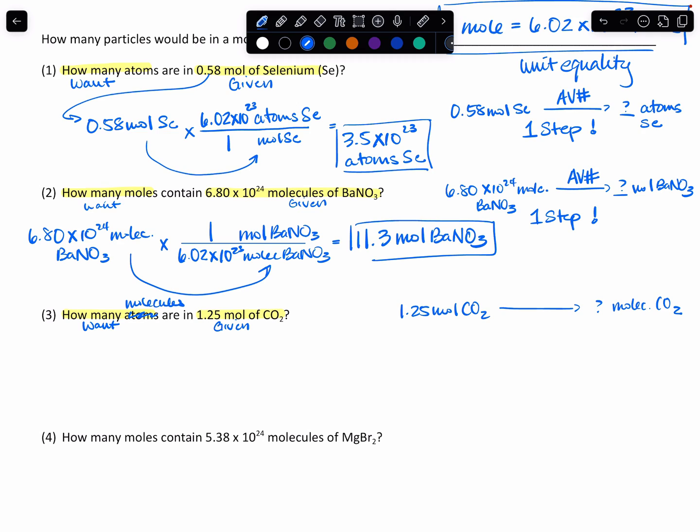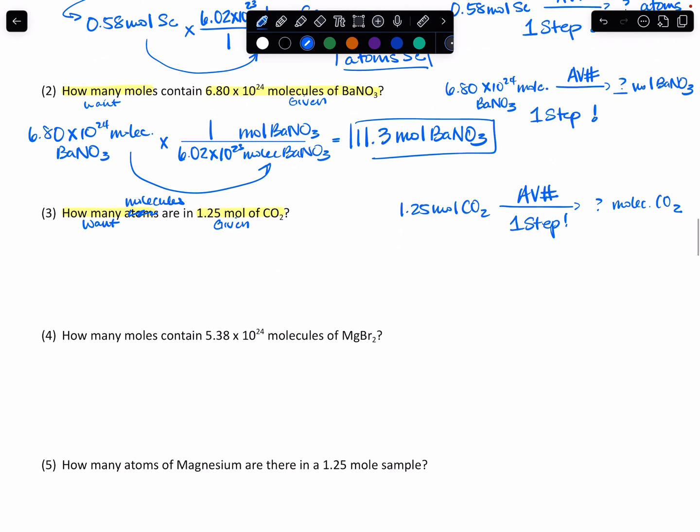All right, so we're converting from CO2 to CO2. So this is going to be a one-step problem. And we're going to be, again, using Avogadro's number to make that jump. All right, so start with what we've been given, 1.25 moles of carbon dioxide, CO2. All right, our conversion factor is going to put the unit in the bottom from what we've been given. So moles of CO2 in the bottom, molecules of CO2 up top.